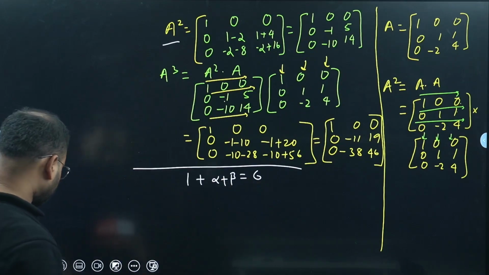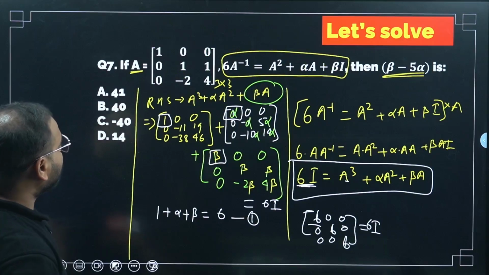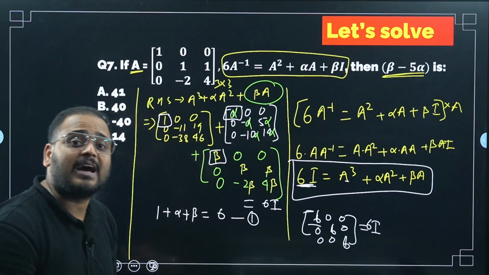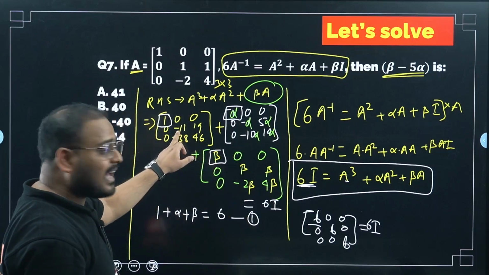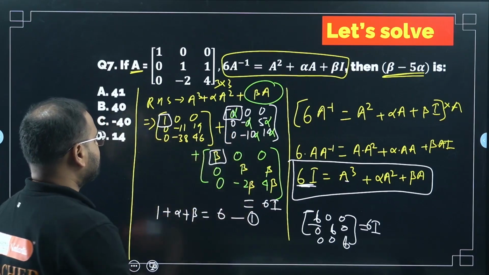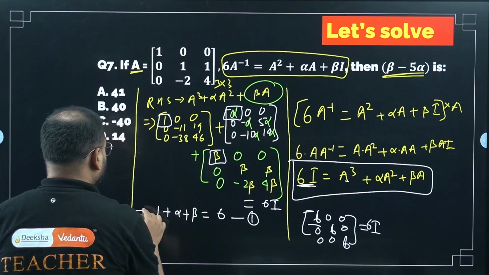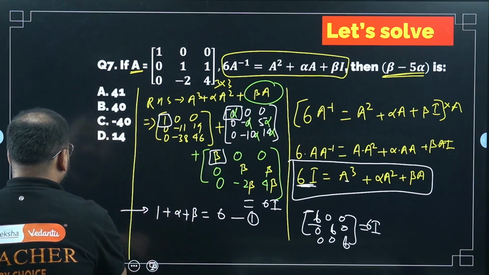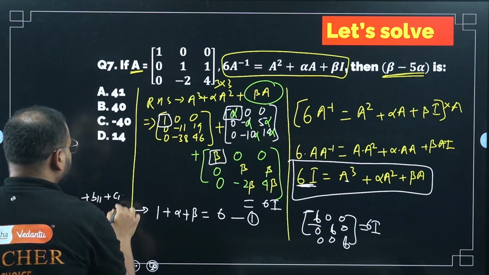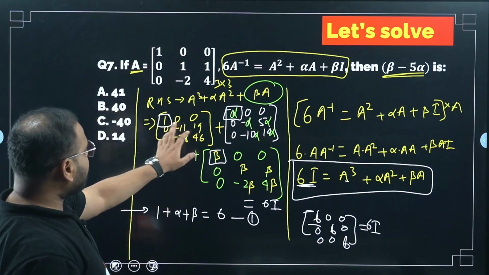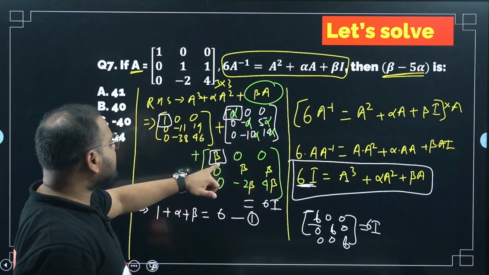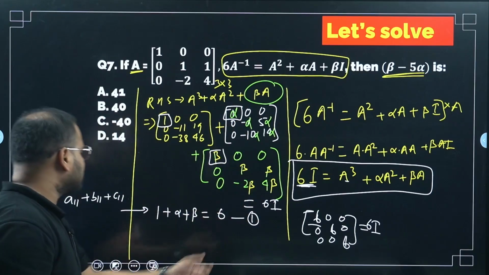Let's check now for the second equation. If I add this element, I'm talking about only diagonal elements, sir. The second diagonal element is minus 1, minus alpha and plus beta. Check here. I added A11, B11 and C11, where A11 is the first element of this, B11 is the first element of this, and C11 is the first element of this, and I get 6.